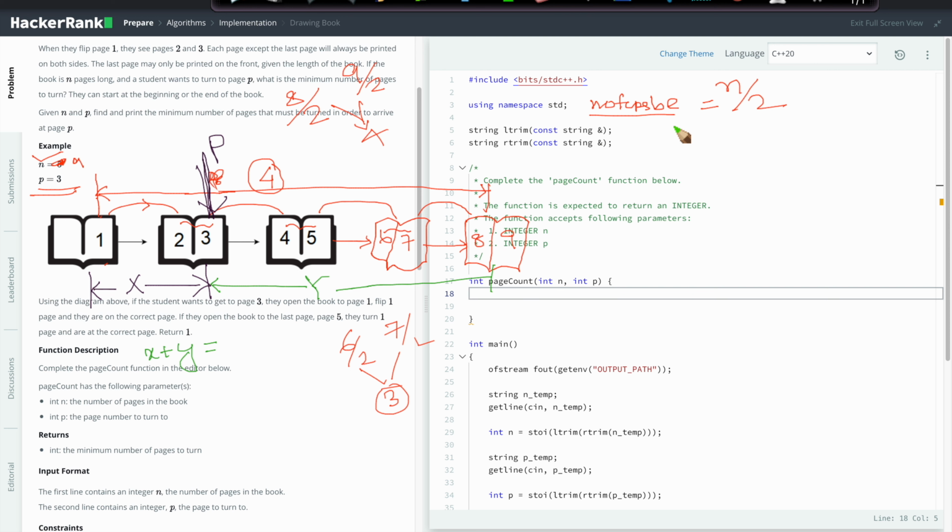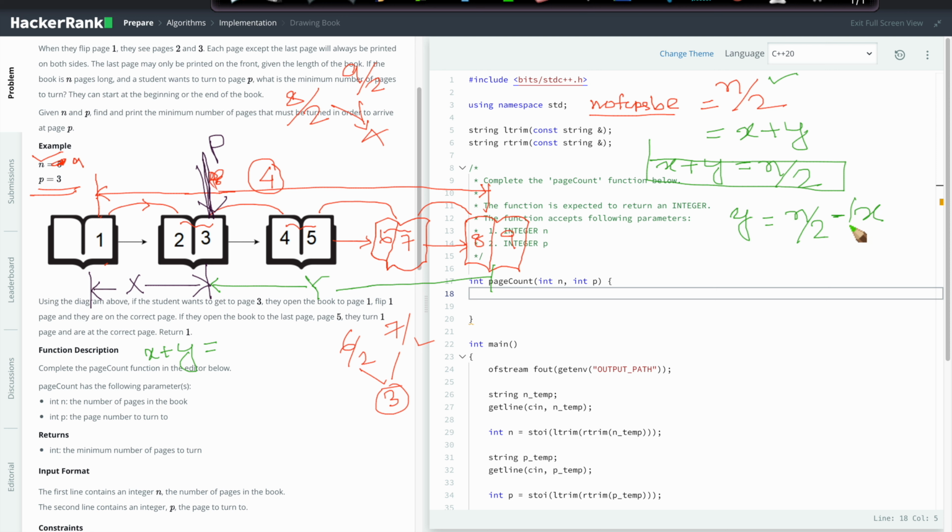So we can say x plus y equals n divided by 2, because you know from begin to end how many flips are required? N divided by 2. That we have already derived. So x plus y equals n divided by 2. So what will be y? Y will be n divided by 2 minus x, correct?